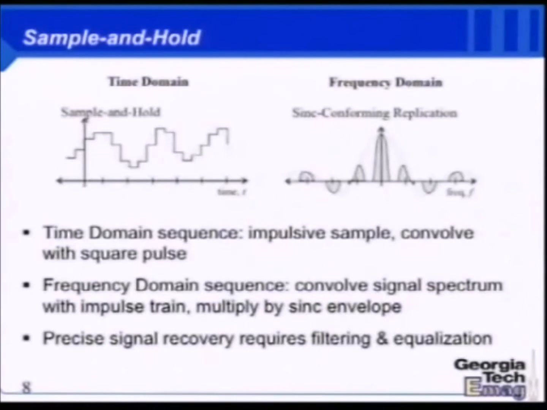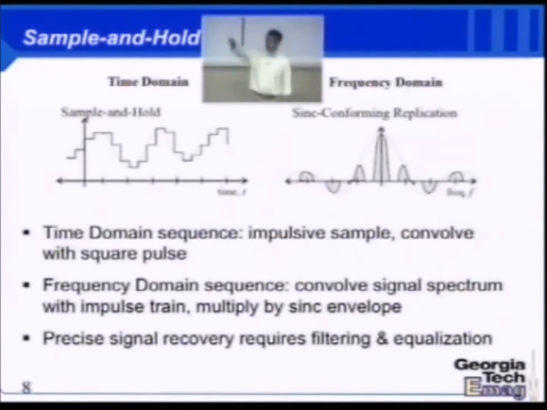Now, interestingly, there are other circuits like sample and hold, where you sample the original waveform, and then you hold that value until you need to sample again. On the left-hand side is an example of what a sample and hold circuit would produce. That's interesting from a spectral point of view. It does the same thing as the previous square wave component.